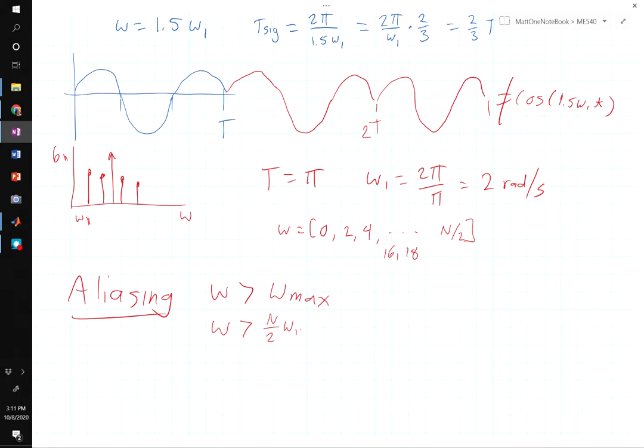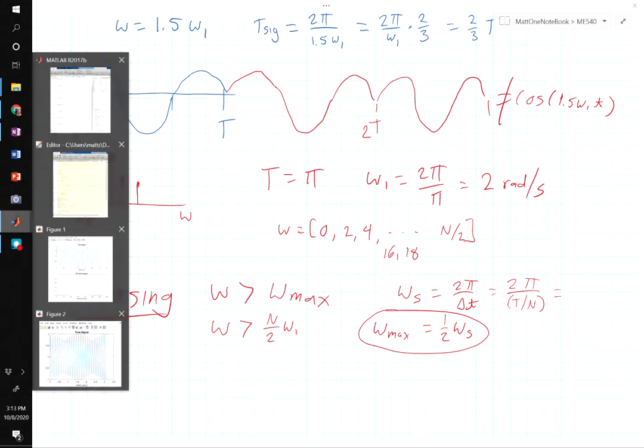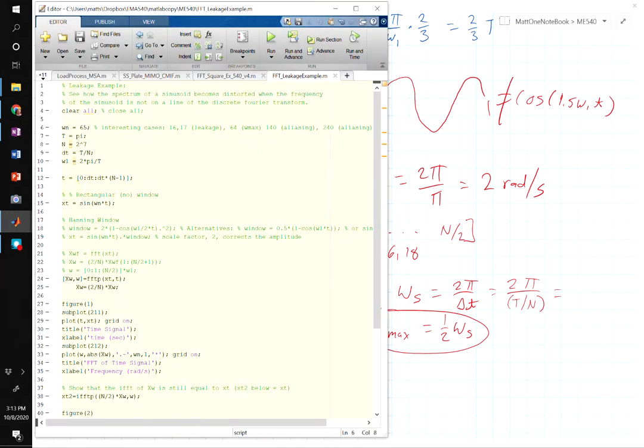We can also talk about the sample frequency, which is 2 pi over delta t, and we can go through a derivation to show that omega max is equal to 1/2 omega sample. So aliasing occurs when our frequency is too fast for our sampling. Let's look at a case study on this as well.